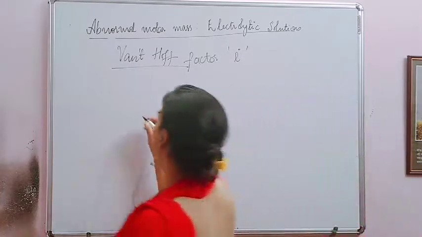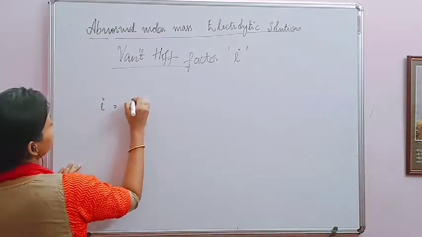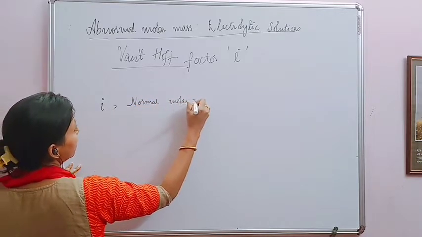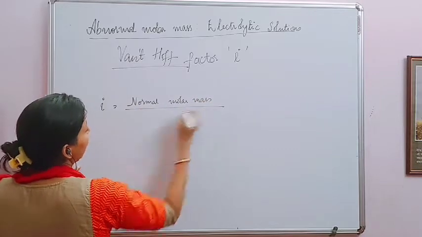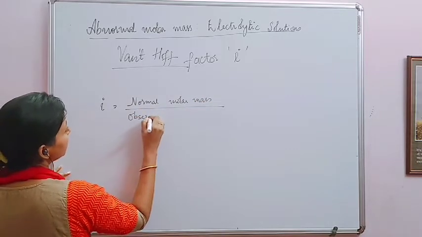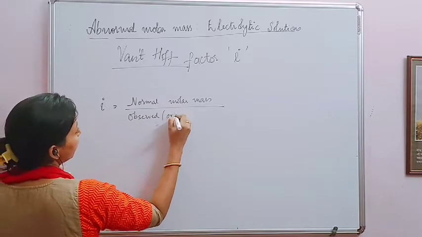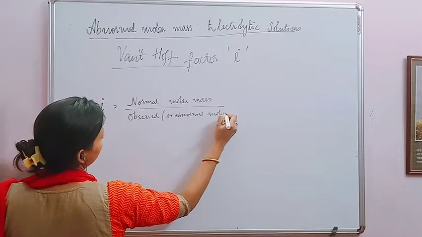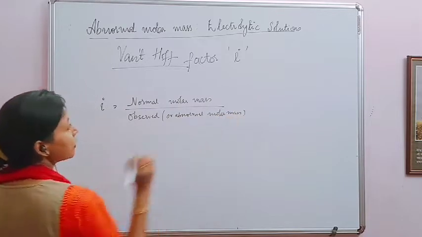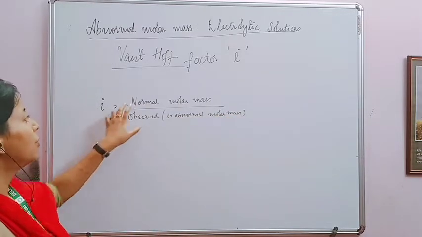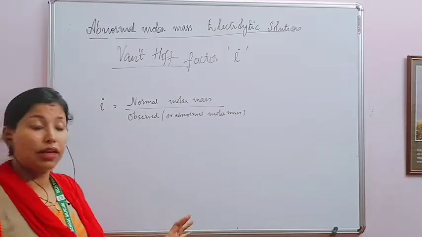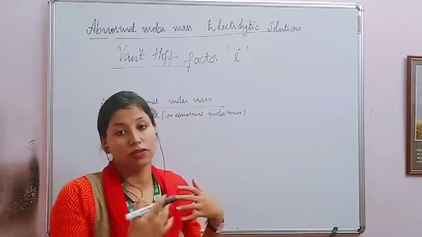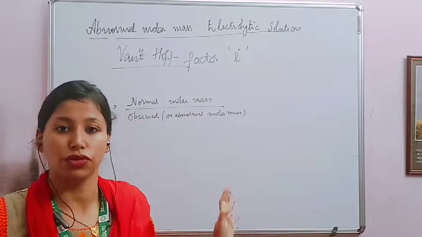Now, what is the Van't Hoff factor i? i is equal to normal molar mass by observed or abnormal molar mass. Normal molar mass is the theoretical value, and observed or abnormal molar mass is the value that you calculate after you have prepared the solution.